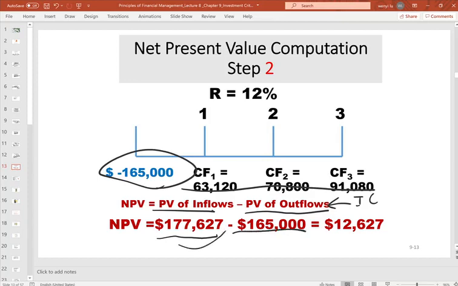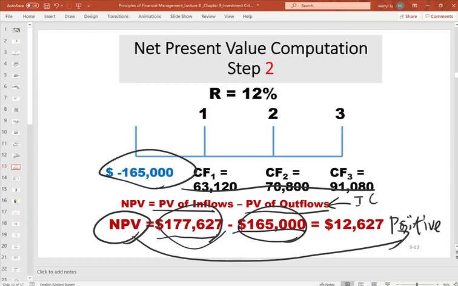You can see the difference is positive. Positive means our net present value is a positive number. Your future inflows will be more than your initial cost. You generate a positive net present value.